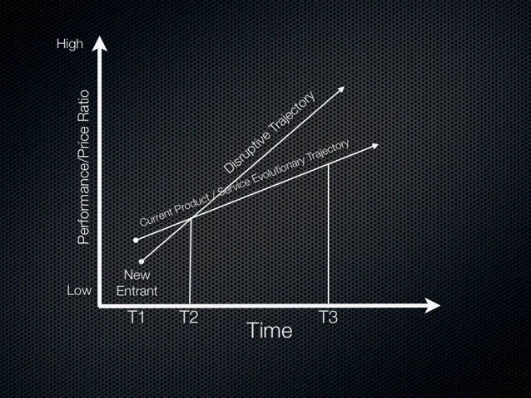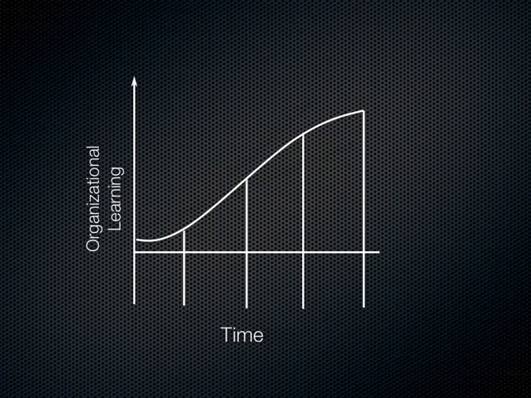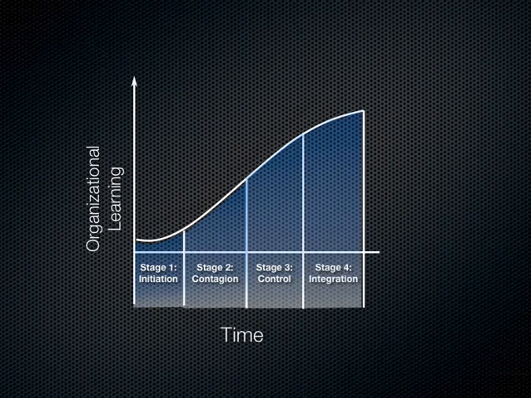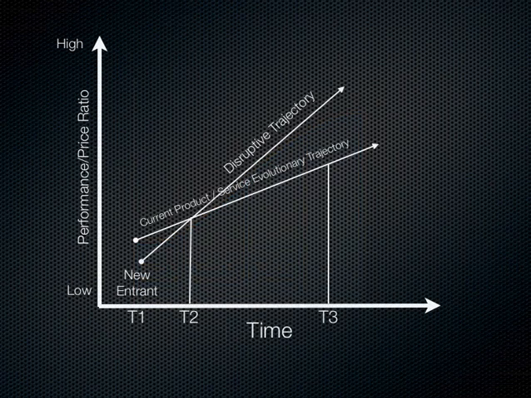If you think about Nolan's model and the way it looks there over time, just map that same curve over to the current product/service trajectory, and you can see that over time its use grows and the price-performance ratio grows because we're controlling it and standardizing its use.